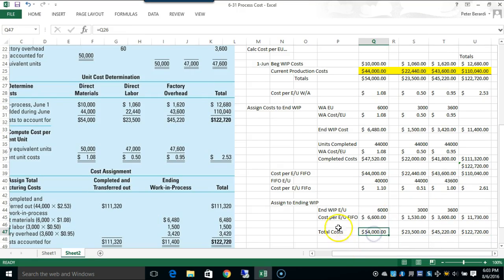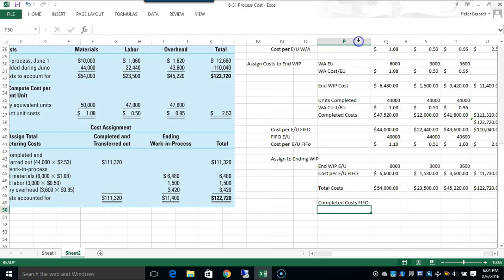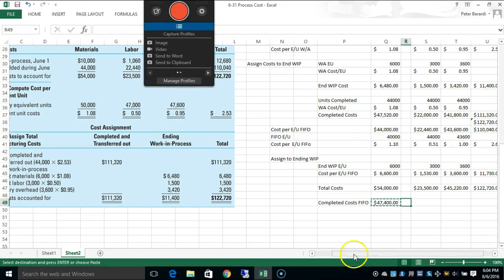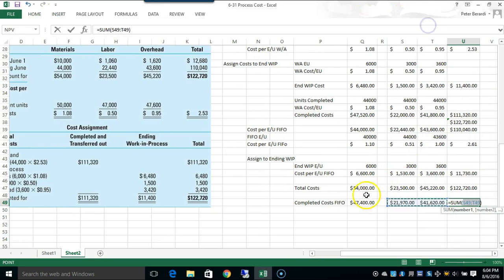The difference between total costs and the ending WIP FIFO that you assign is going to be completed. This is why I like to use columns, because I believe, unlike the schedule here, the columns keep you organized, and it helps you basically show the flow of costs through your WIP system.